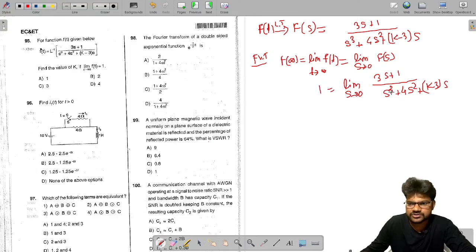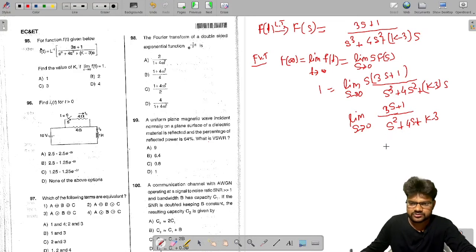If you put s equals 0 here, then we will get 1 by... so s was also multiplied there because this is limit s tending to 0 of sF(s). If you take s common from the denominator, it will cancel out with this s, so you will be left with (3s + 1) divided by (s^2 + 4s + k - 3).